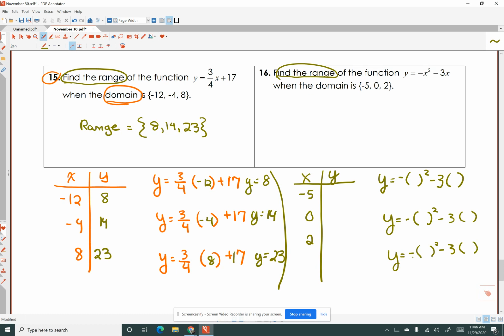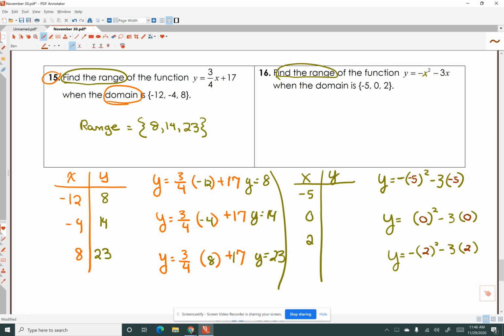And I want you to be really careful when you do this. Notice the negative is not part of the substitution. We're substituting only for the value of x. So we're substituting negative 5, and it goes in 2 places there. And we're substituting 0, and we're substituting 2.